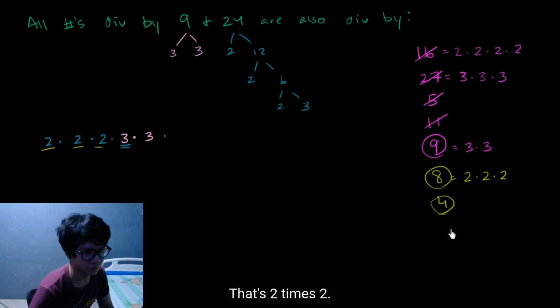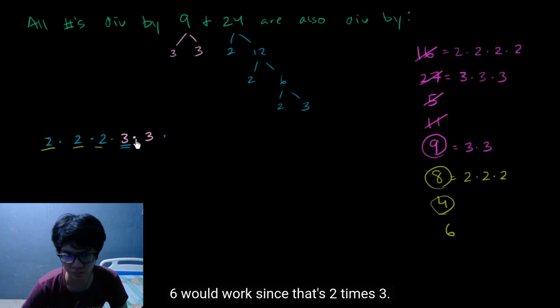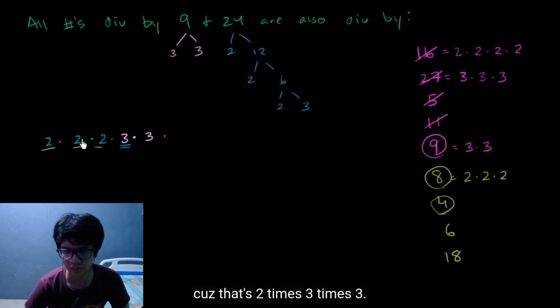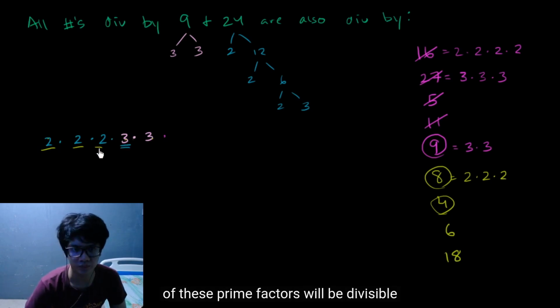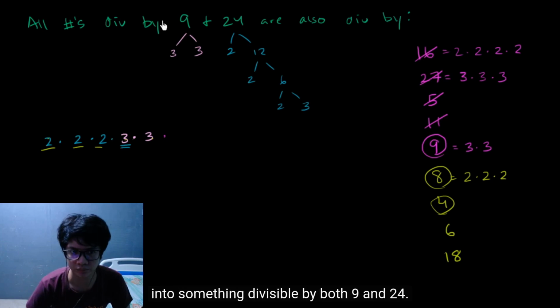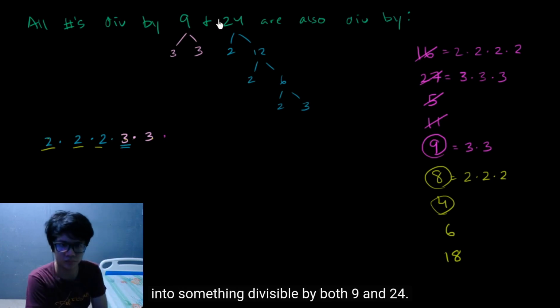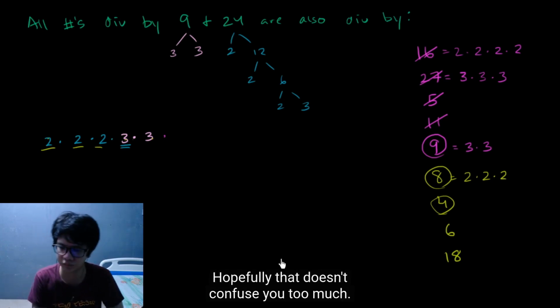That's 2 times 2. 6 would work, since that's 2 times 3. 18 would work, because that's 2 times 3 times 3. So anything that's made up of a combination of these prime factors will be divisible into something divisible by both 9 and 24. Hopefully that doesn't confuse you too much.